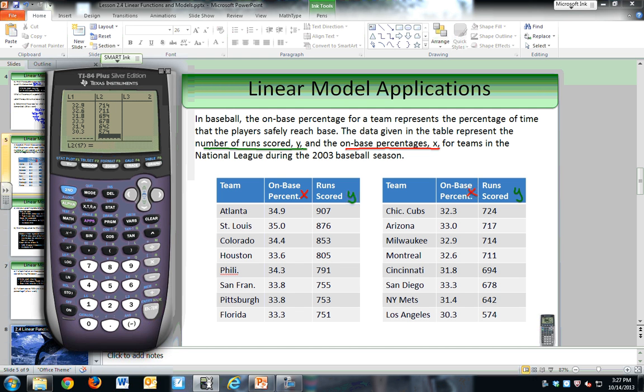Okay, so you should have the same amount of list 1 values as you do list 2 values.